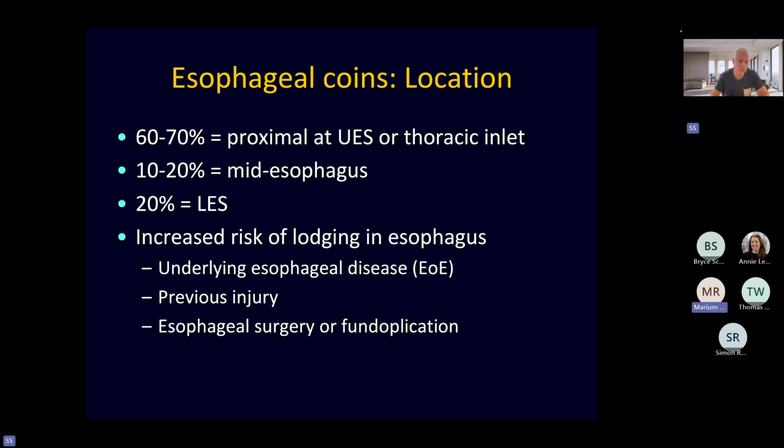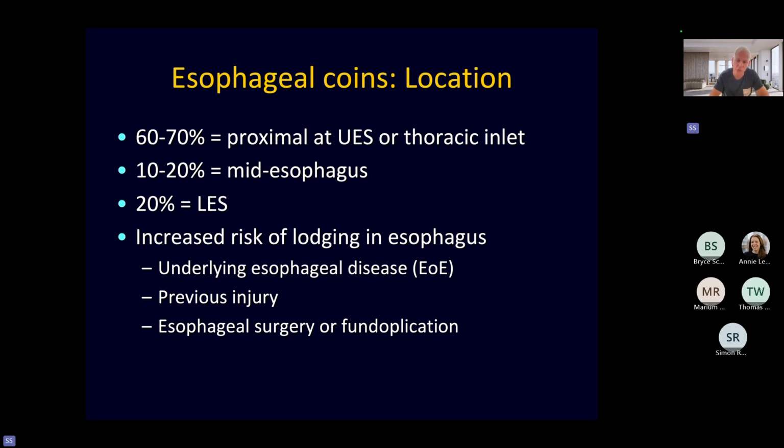Well, right. So if something is lodged in the mid-esophagus or lower esophageal sphincter, you have to be very mindful of the fact that foreign bodies impacted in these locations are more likely to be associated with some esophageal abnormality.